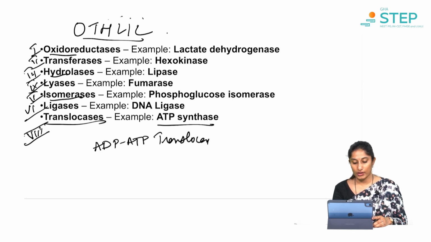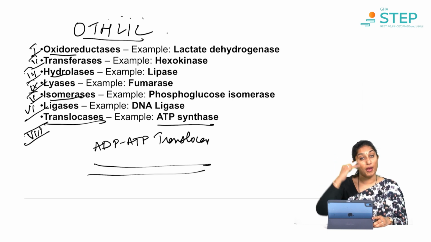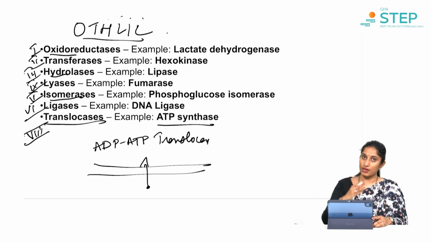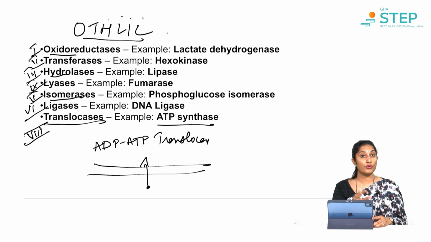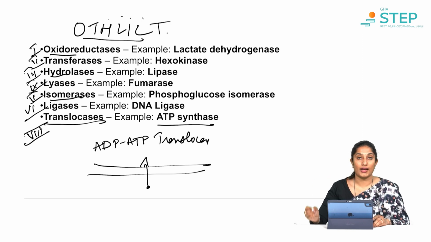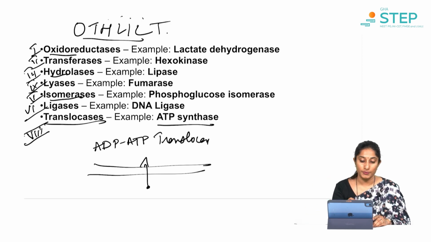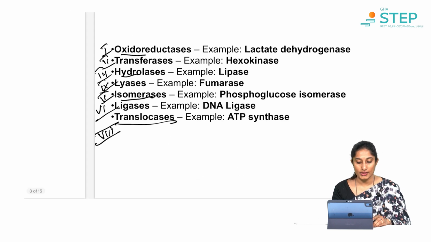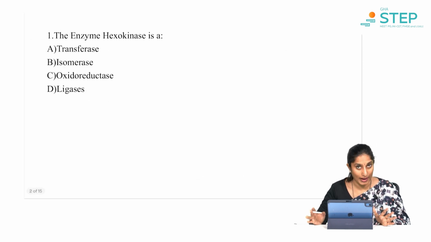We need a translocase when we have different membranes, from one membrane to another, for example in the mitochondrial membrane from the outer to the inner, or from the cytoplasm into the mitochondria. If you need a translocation of ions, such enzymes are called translocases. So, we have another T added to this classification of enzymes.